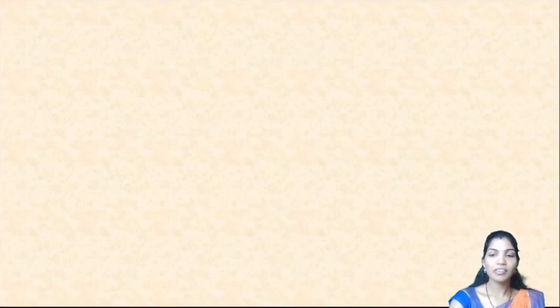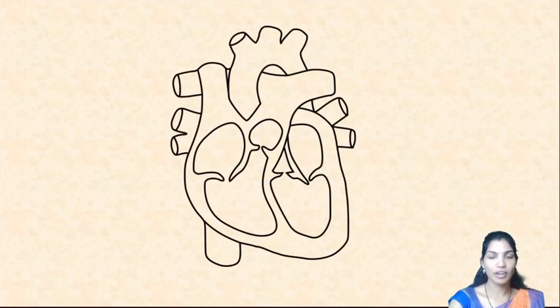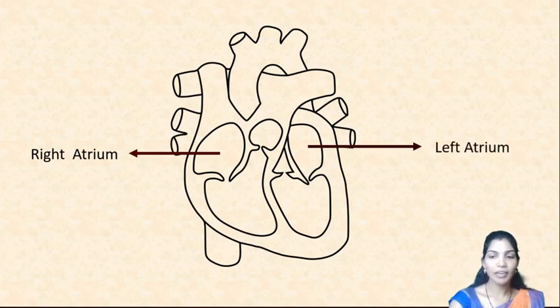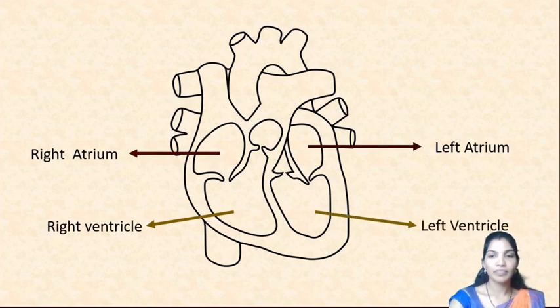Next, let us study about the structure of heart. Heart can be divided into 4 chambers. First one is right atrium. This is left atrium. This is right ventricle and left ventricle.